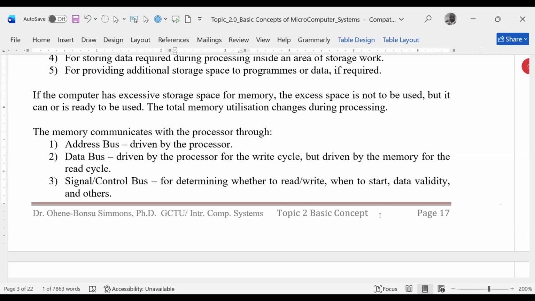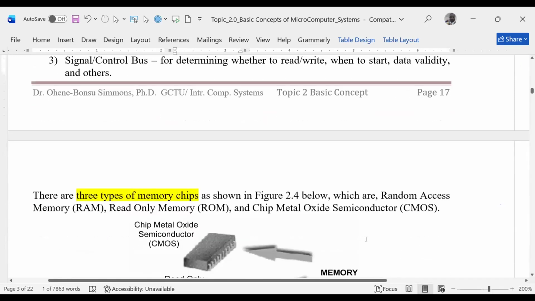Then control or signal, this type of lane or bus determines whether the system must read or write, when to start, data validity, etc. Signal control determines which one must write, which one must read. So these are the 3 types of buses in computing.